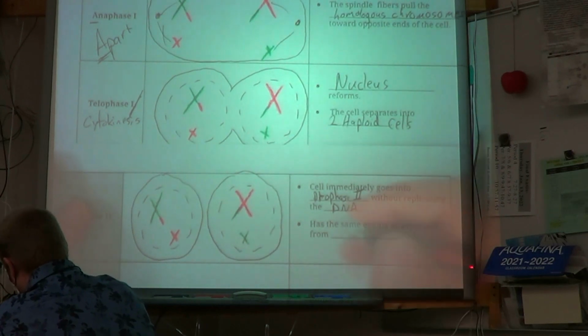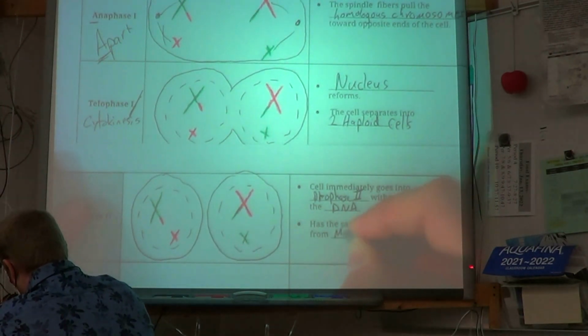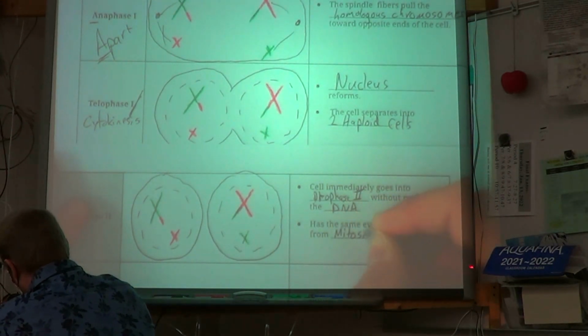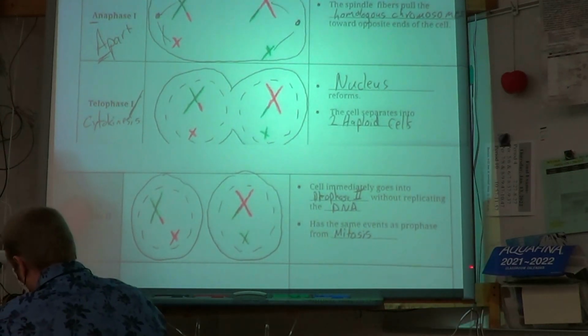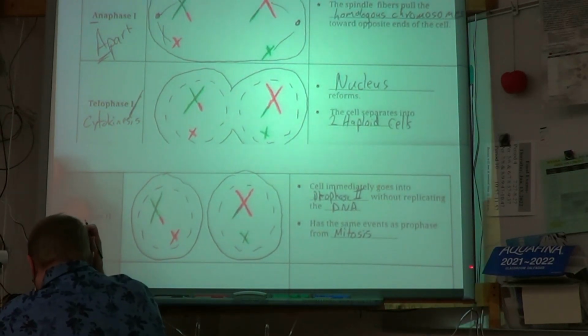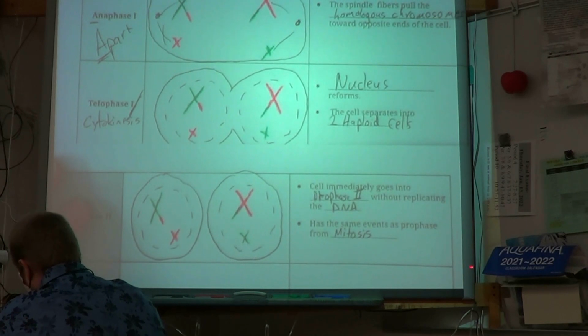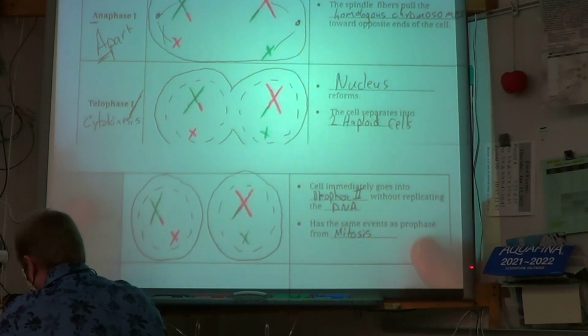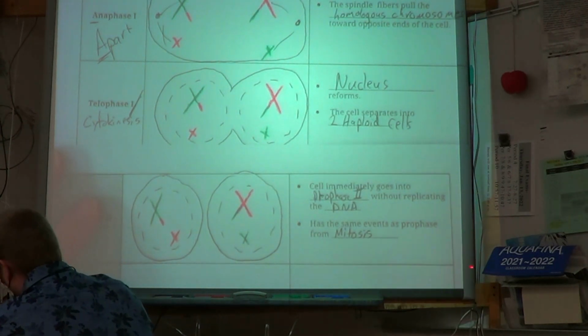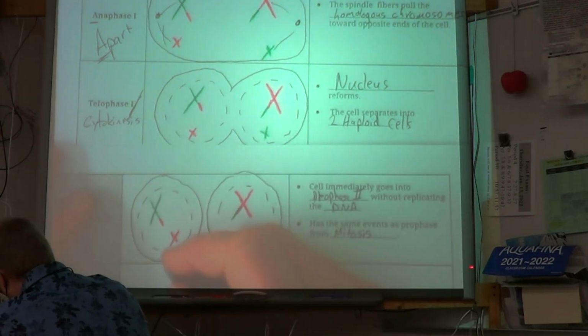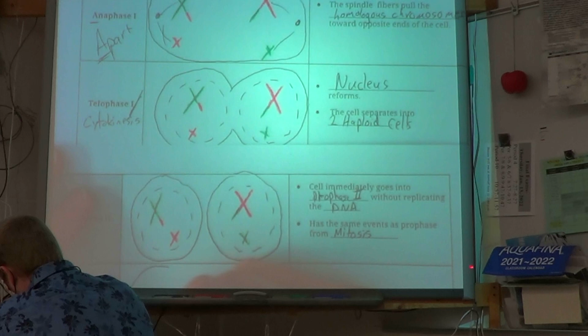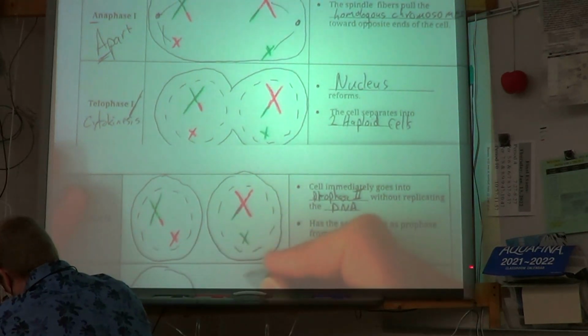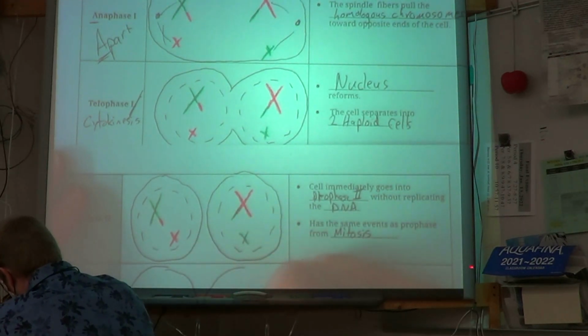And this has the same events as prophase from mitosis. So the nucleus dissolves, spindle fibers start to form. It's already condensed. Meta, middle, meta, middle, meta, middle. I now have 2 cells that are going through metaphase.